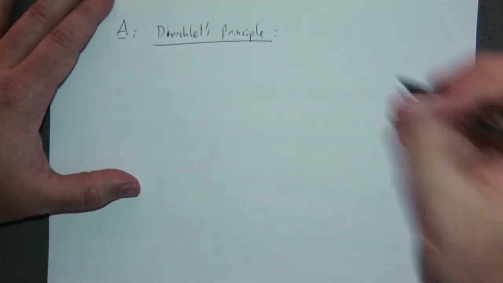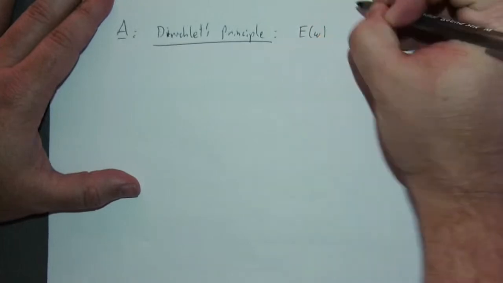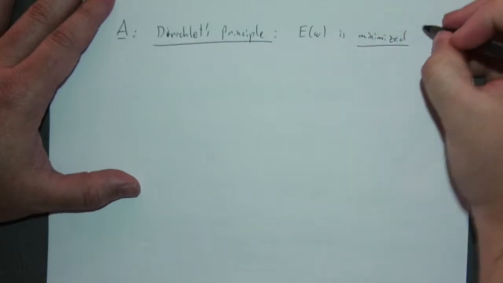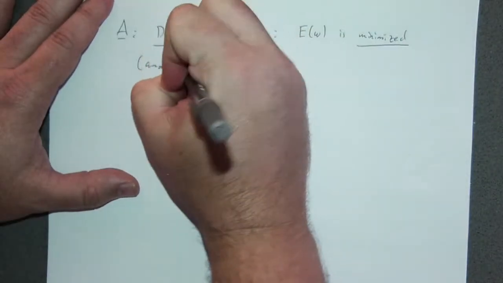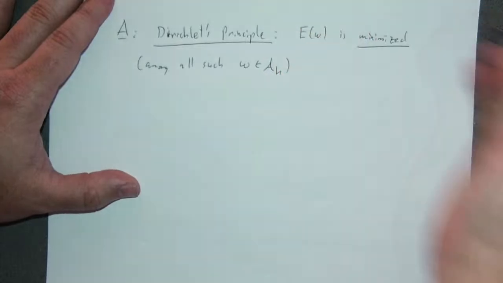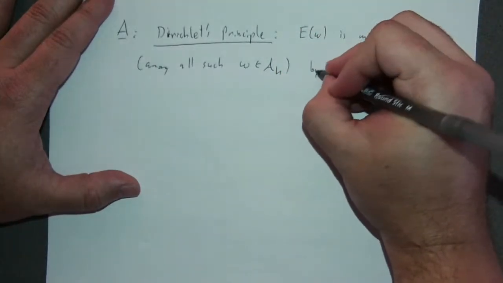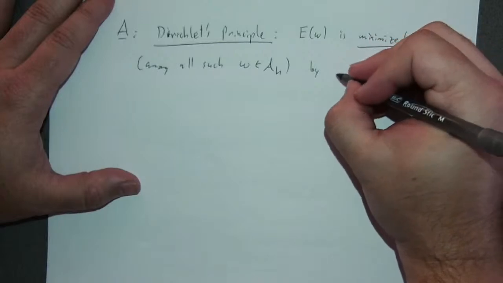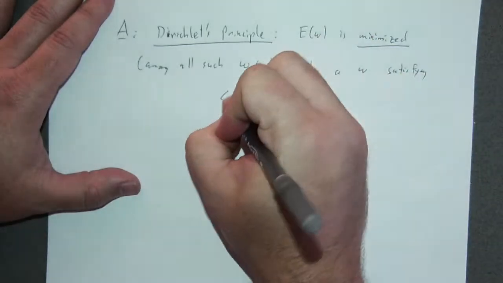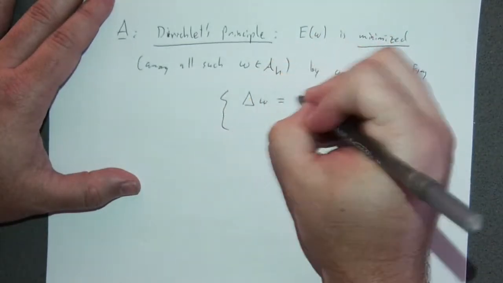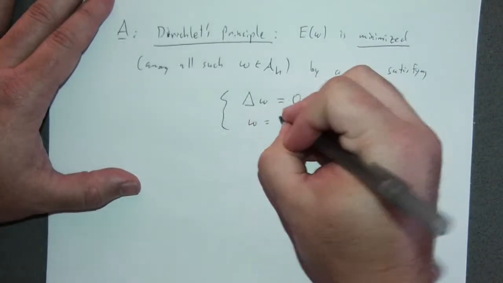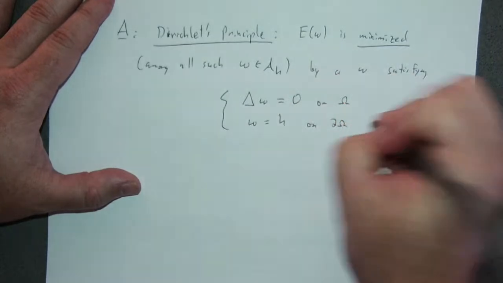It says that E of W is minimized among all such possible functions in that set by a W satisfying the Laplacian of W is 0 on omega, and W is H on the boundary.